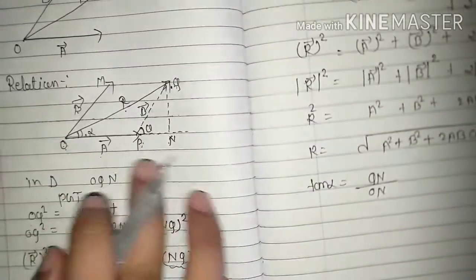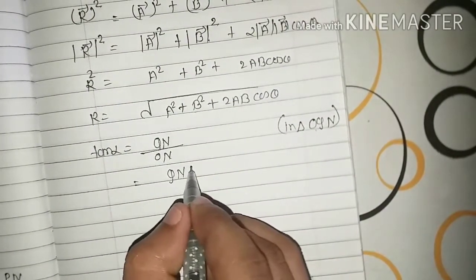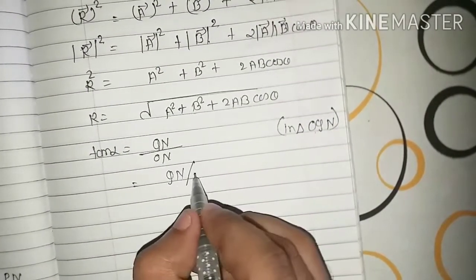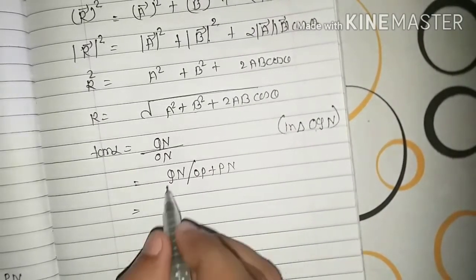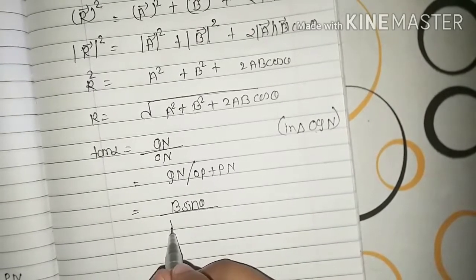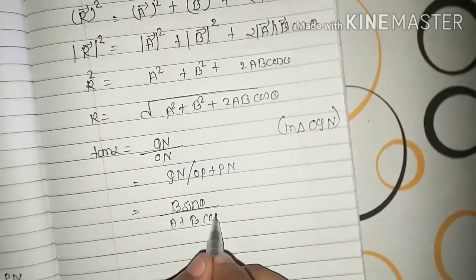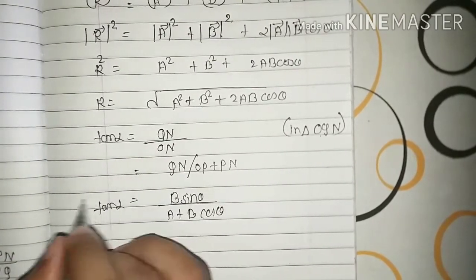ON is the sum of OP plus PN. Putting in the values, tan alpha equals B sin theta upon A plus B cos theta. So this is the value of tan alpha.